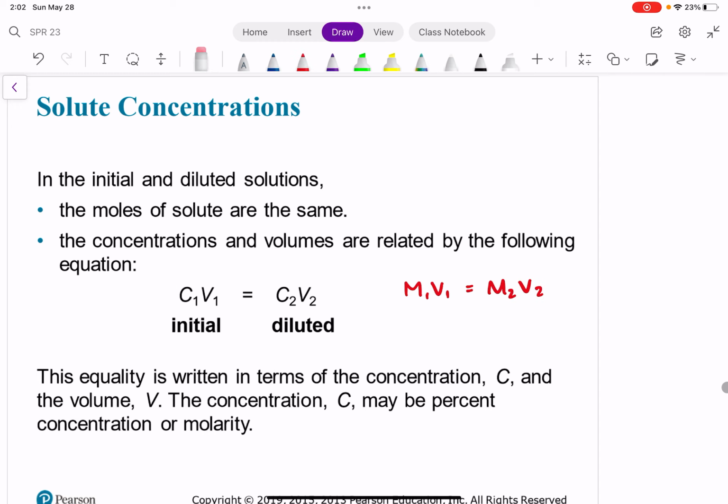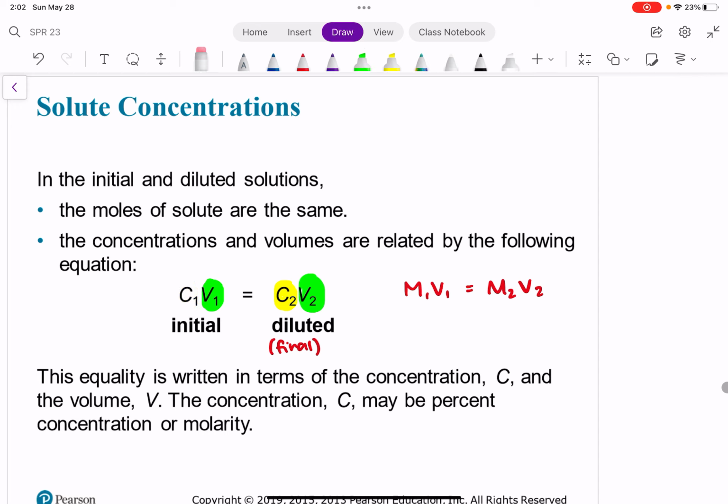The reason I'm changing that is because what these two equations are relating is your initial concentration and your final concentration, or your diluted concentration, and your initial volume versus your final volume, or your diluted volume. So what's my initial concentration and volume of my solution before I dilute it, and what's my final volume and concentration after I dilute it?